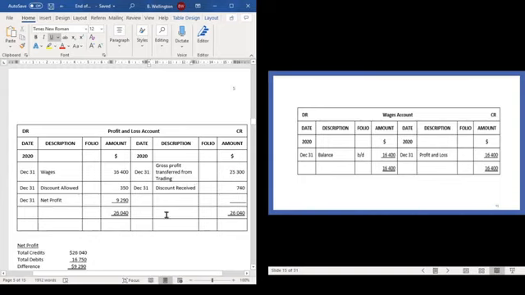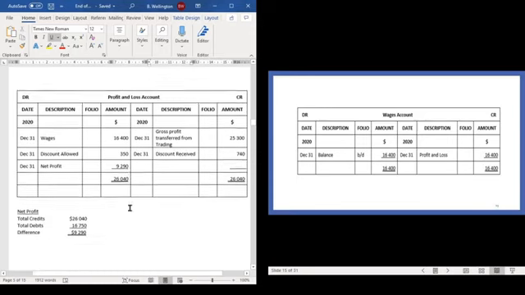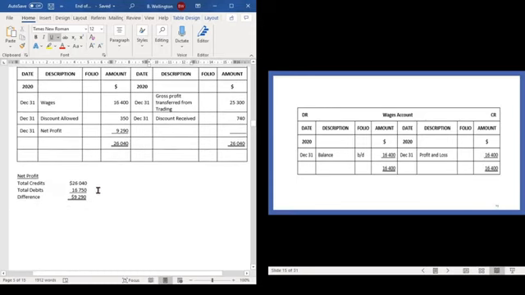Now remember that when we followed the journal entry, we had these items transferred to the profit and loss account: the wages and the discount allowed on the debit side, and on the credit side we had the discount received. Again, by balancing the profit and loss account, we will see what our net profit is.